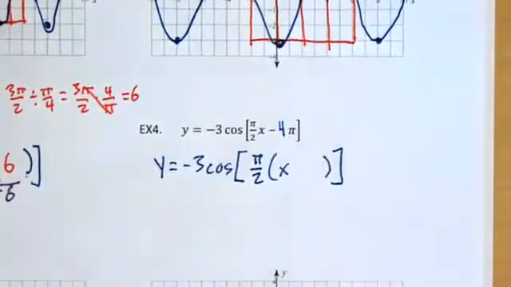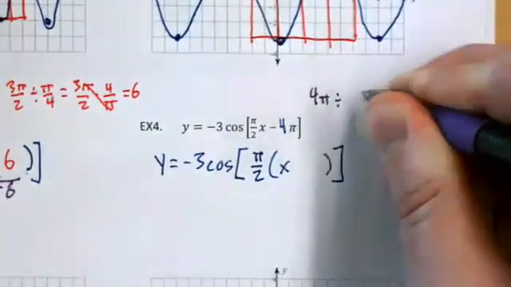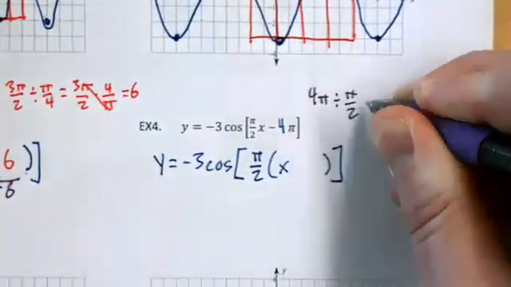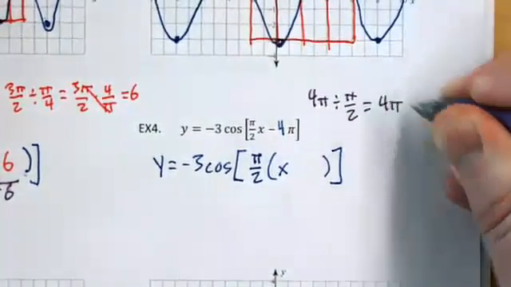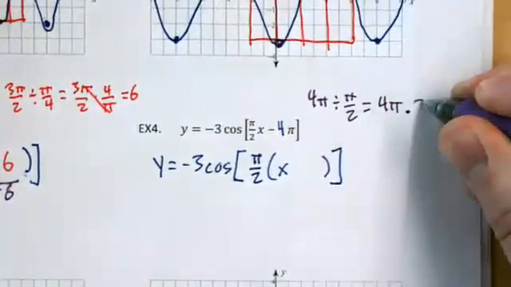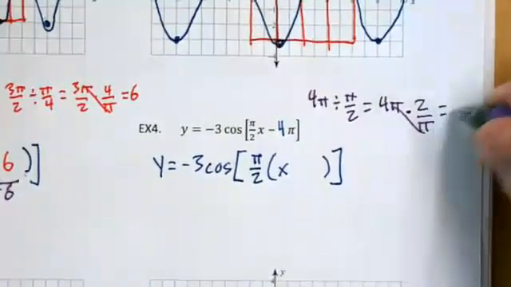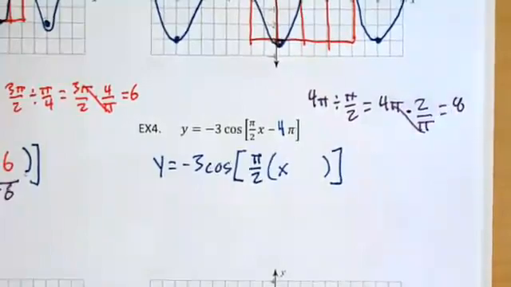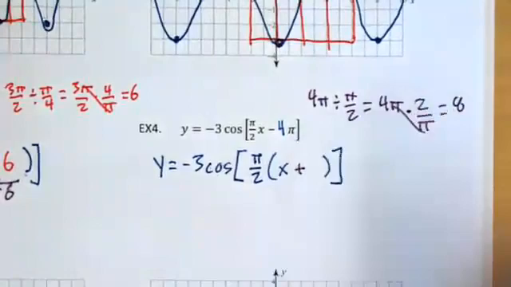So we'll do a little work off to the side. 4 pi divided by pi over 2. That's the same as, do your keep, flip, change, or your just flip and multiply, however you think of that. To get 8 this time. Oop, minus 8, not plus 8.